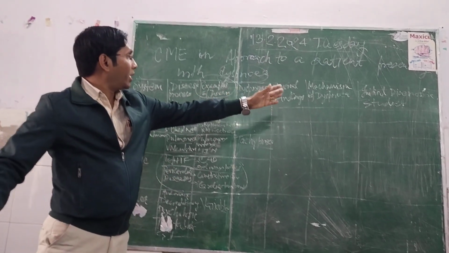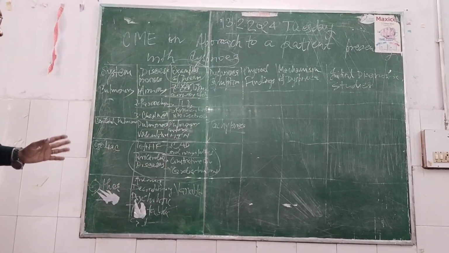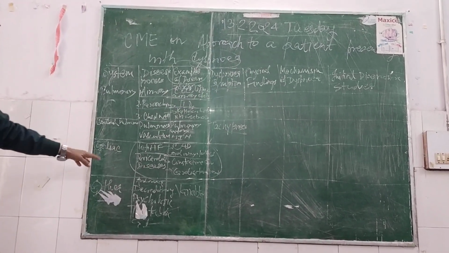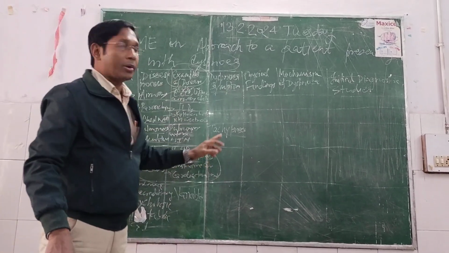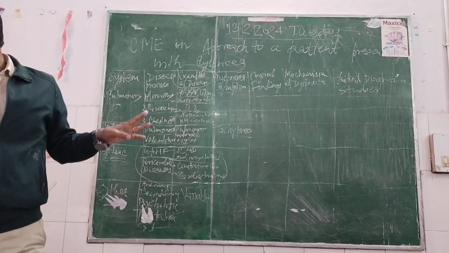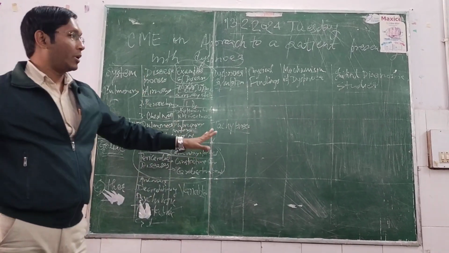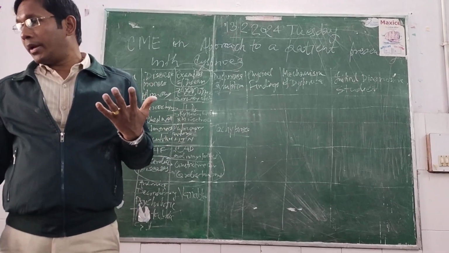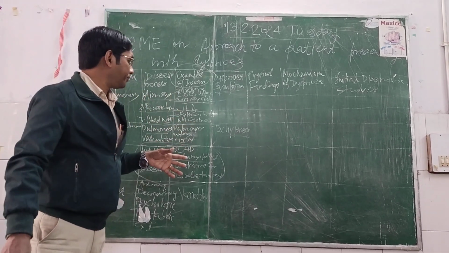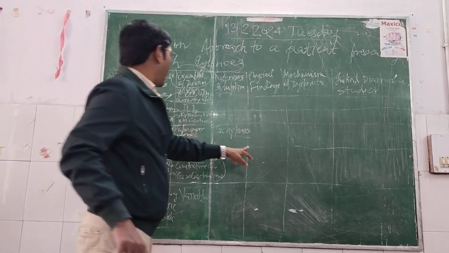Dyspnea symptom, physical findings, mechanism of dyspnea, and initial diagnostic studies will be the same in case of cardiac, this is the same group. So dyspnea symptoms: chest tightness and air hunger. In case of cardiac diseases, dyspnea symptom will be chest tightness and air hunger.